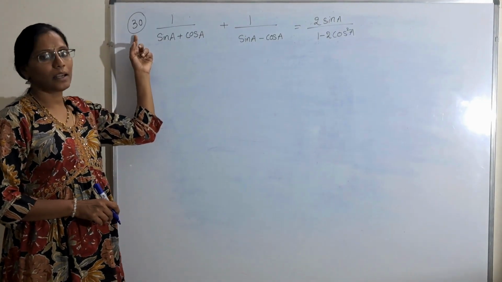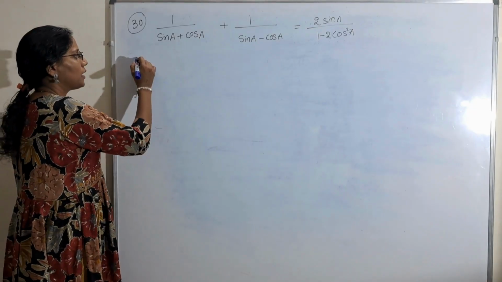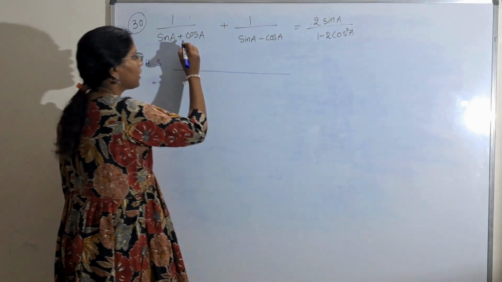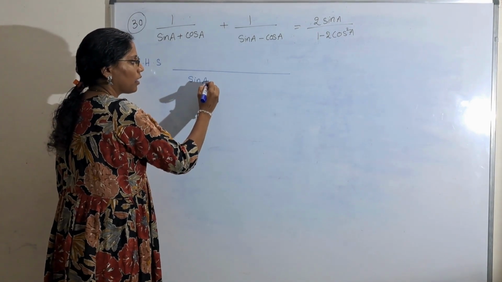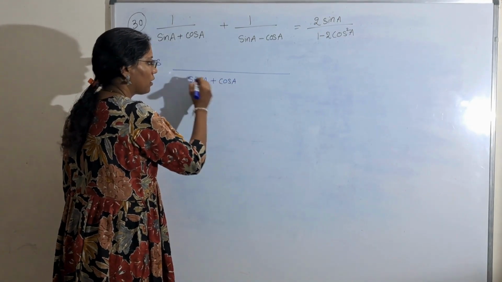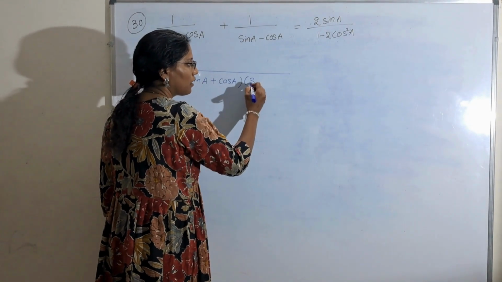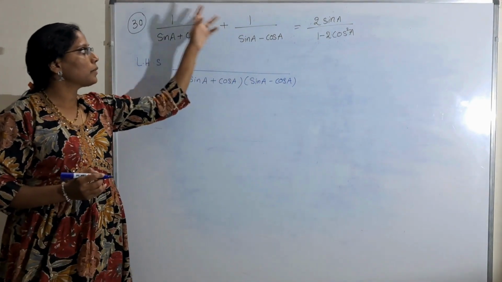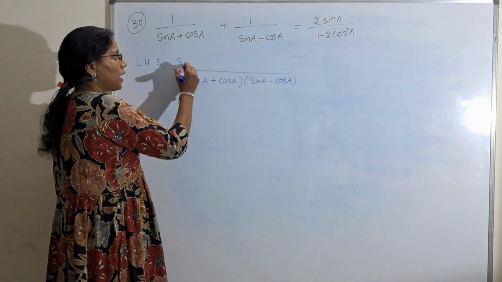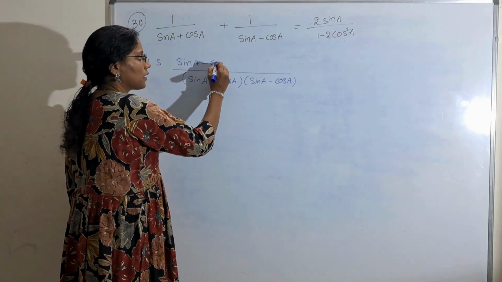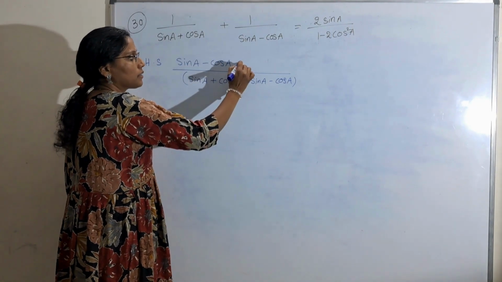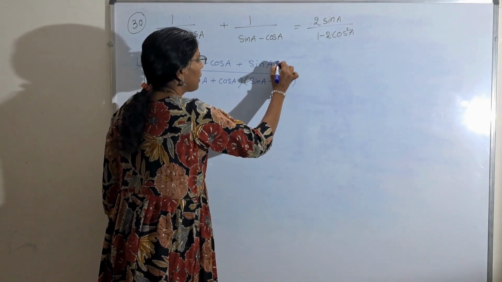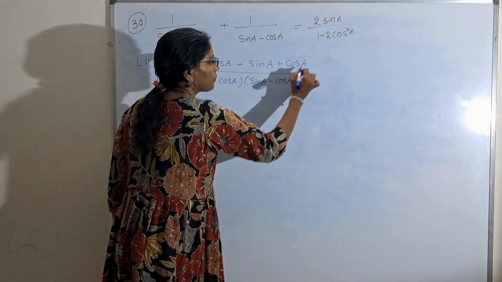Next problem number 30. LHS value. We have to take the LCM: (sin A plus cos A) into (sin A minus cos A). Here cross multiplication you should do: (sin A minus cos A) plus this value into 1, (sin A plus cos A).